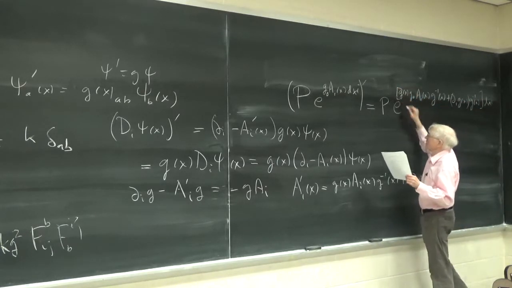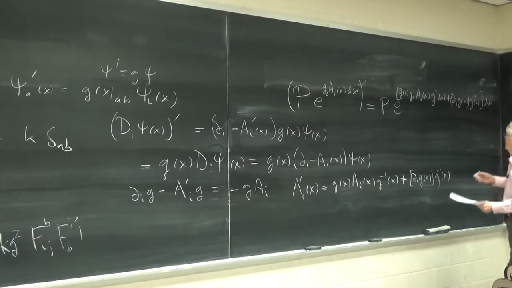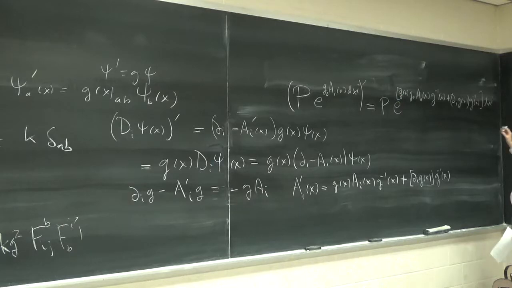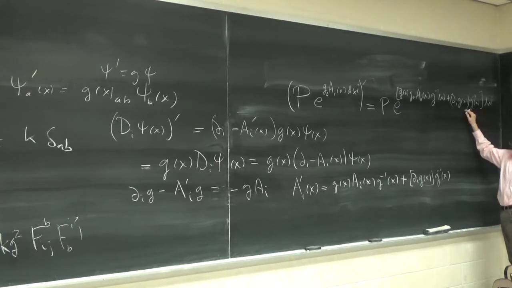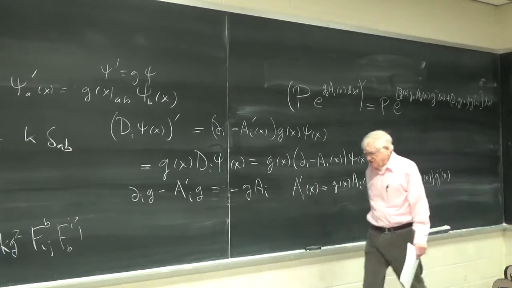So I'm thinking of just a very small, infinitesimally long line integral. And now, ordinarily, if we didn't have path ordering, we'd be confused about this because the derivative of g and g inverse don't, in general, commute.